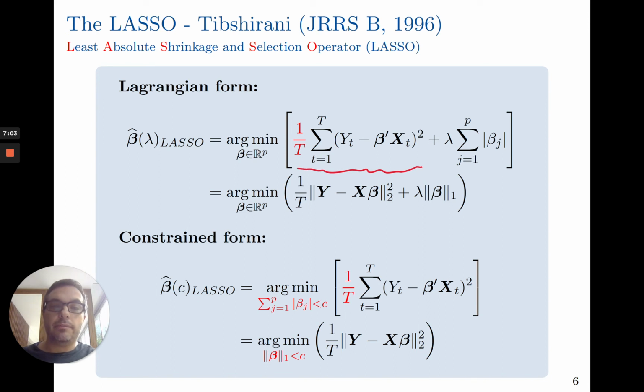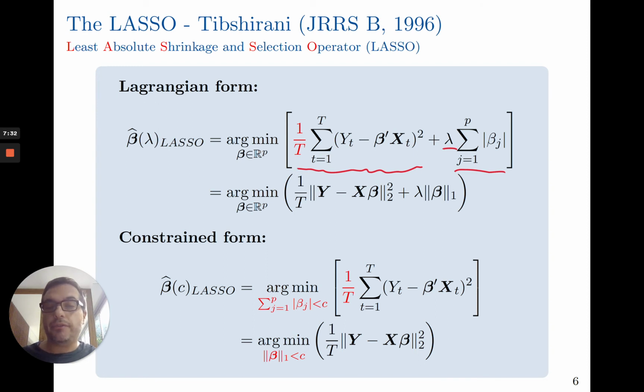And the second term is the L1 restriction. So I'm basically saying that the sum of the absolute values of the coefficients is a penalty term, and lambda is the penalty parameter, the amount of penalty we want to introduce in the model.